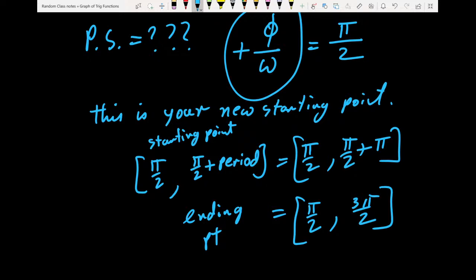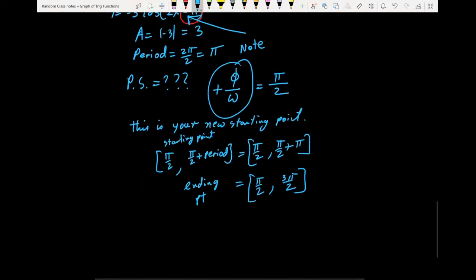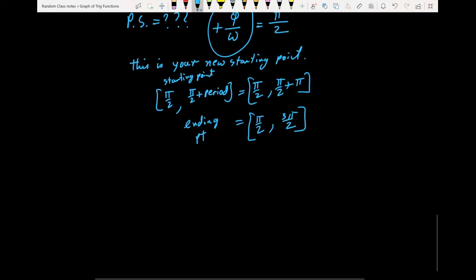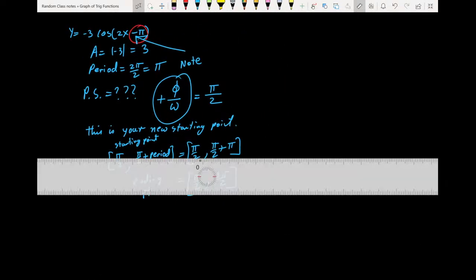Question? So now let's go back and graph it. Once I find the 2 points, the starting and the end, I can find the other 3 points. Wait, where's? Oh, I didn't do that. Okay. So let's go back and graph this sucker.